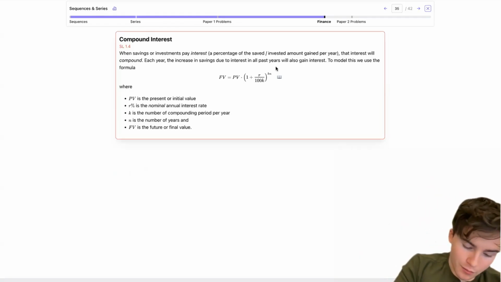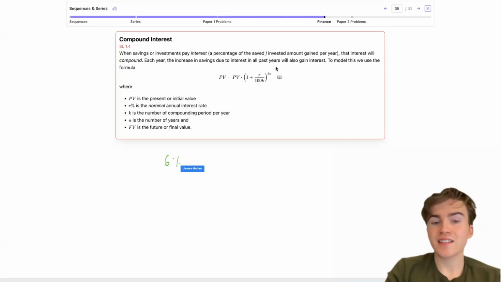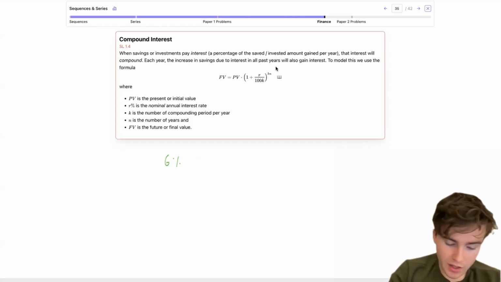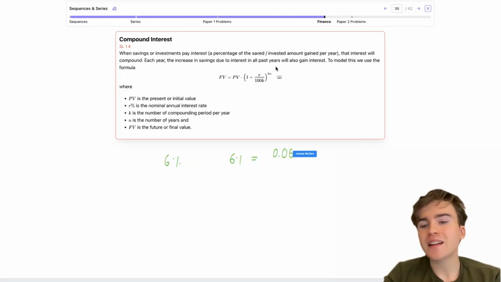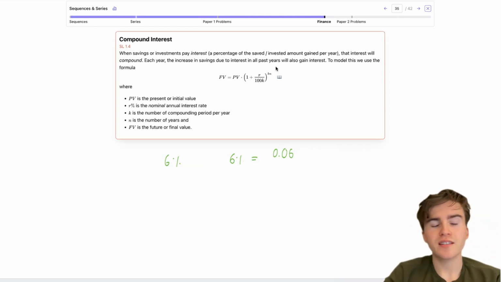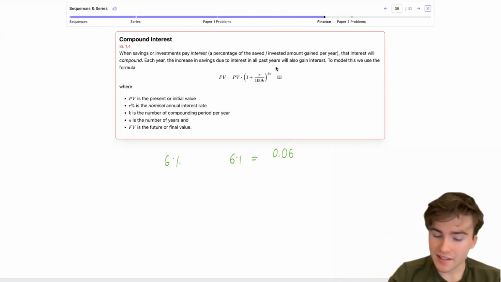So I might be told that I get 6% interest per year, which is the same as 0.06. And that doesn't mean that I'm multiplying my account by 0.06. It means I'm gaining 0.06 times the value of my account per year, and I keep my existing account value.